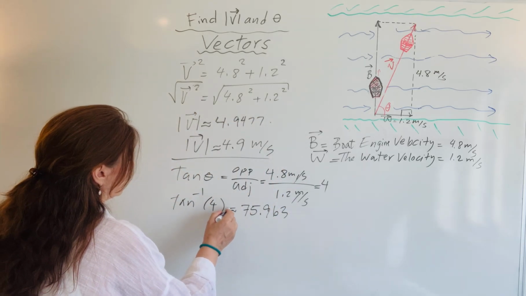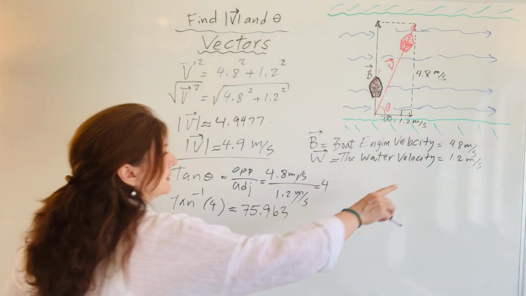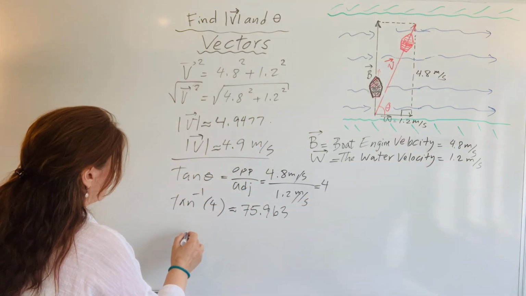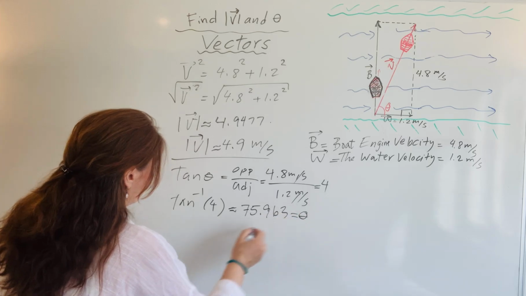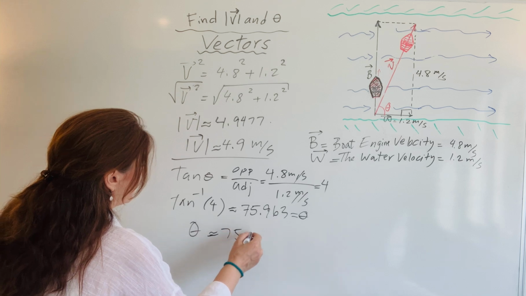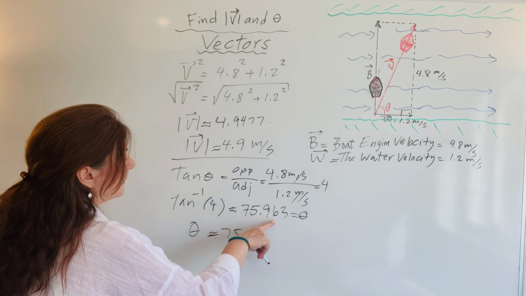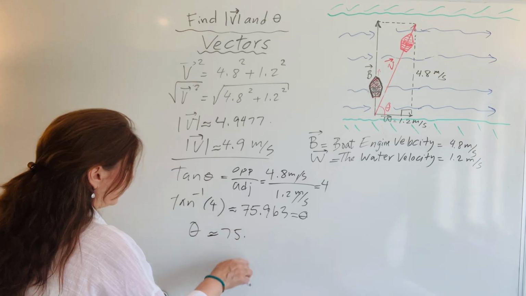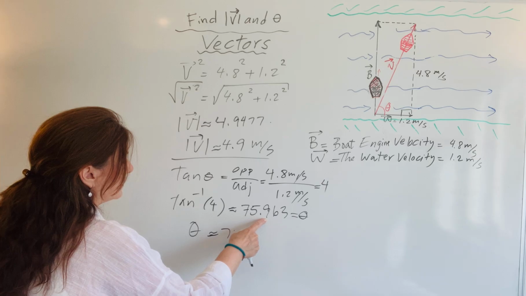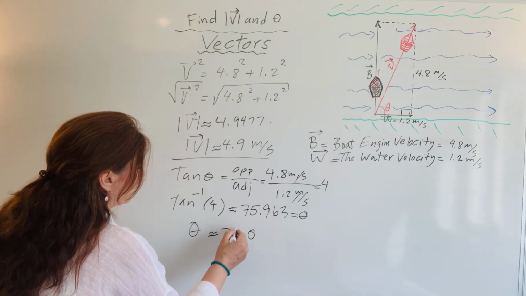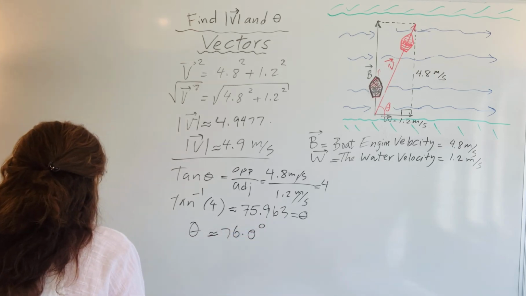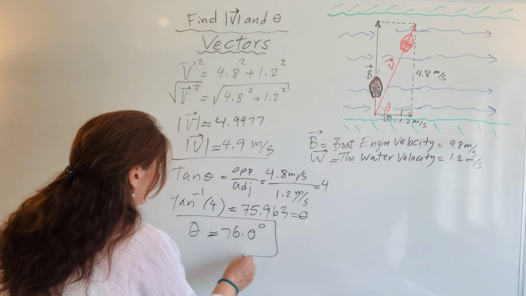But as I told you, the best thing is one decimal because the problem is given with one decimal. Theta is 75.9, but after the 9 is 6, so the better thing is we round it. The 9 becomes 10, so it gets 76.0, so 76 degrees.